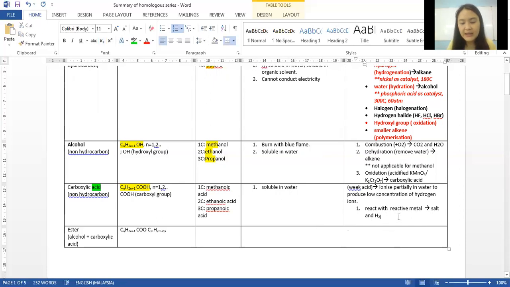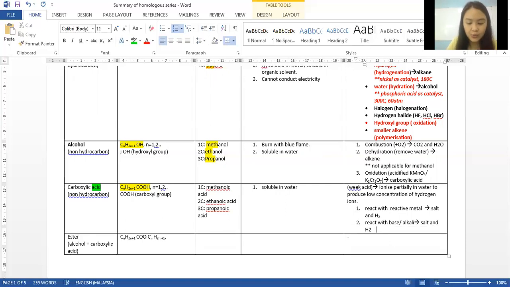Now, besides the ability to react with metal, carboxylic acid can also react with base or alkali. And I'm sure all of you know the name of this reaction. When they react with base or alkali, they will produce salt and water, H2O.